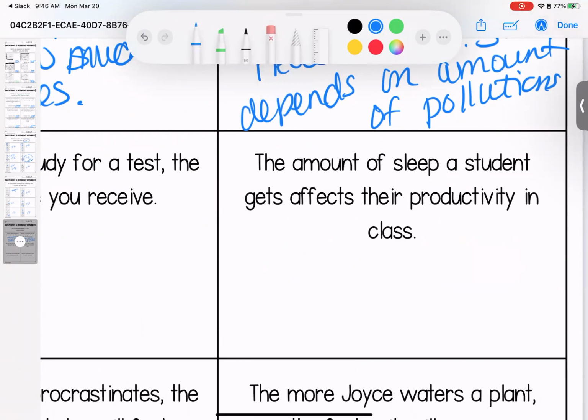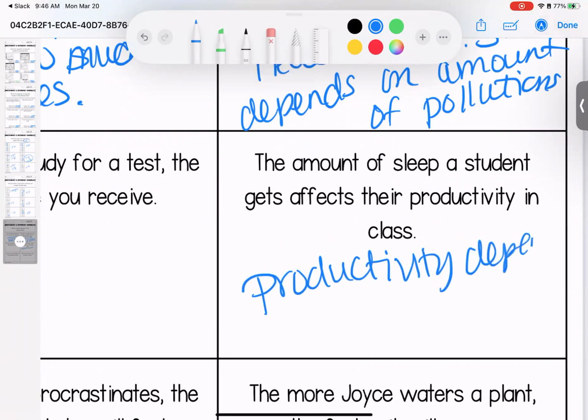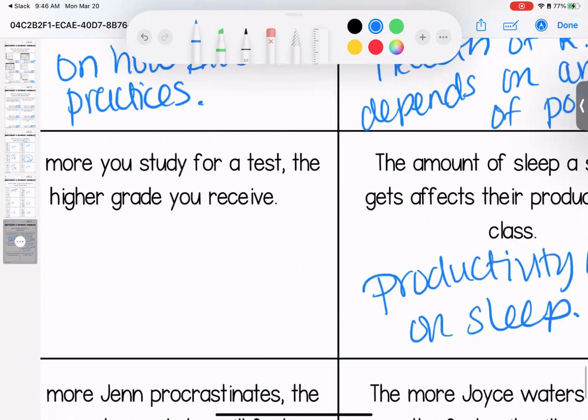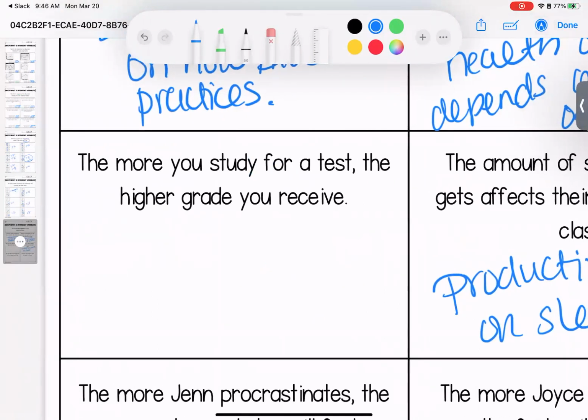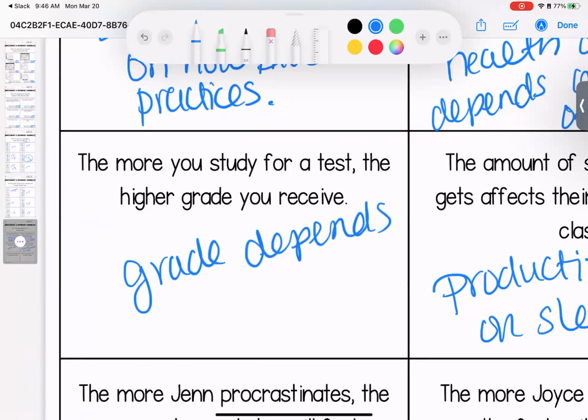So productivity depends on sleep. The more you study for a test, the higher grade you receive. So grade depends on study time.